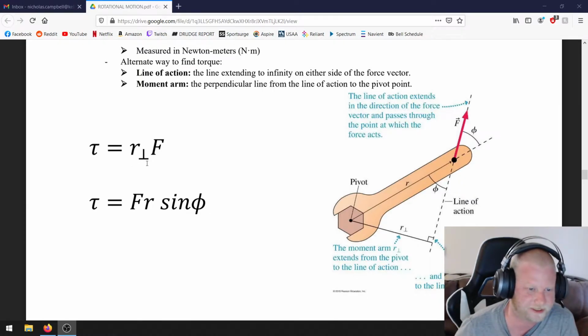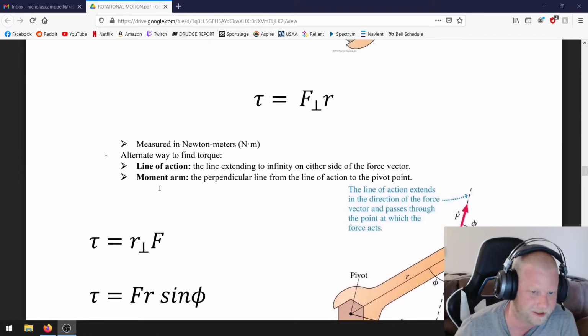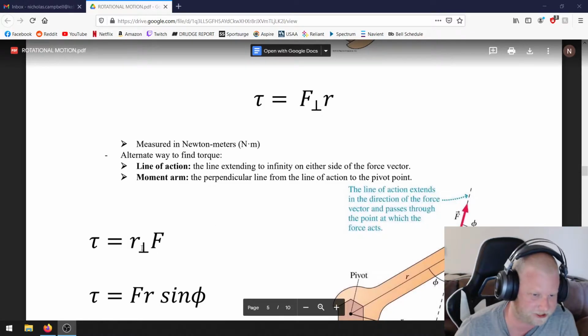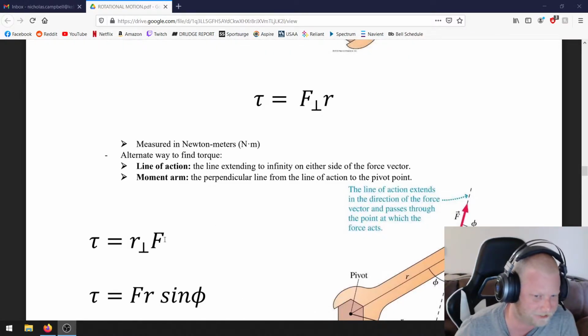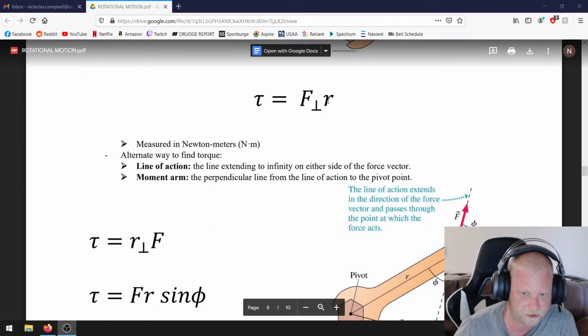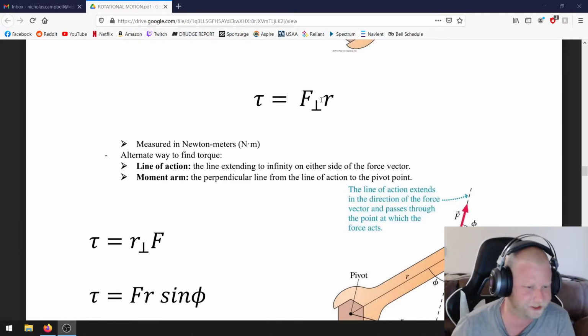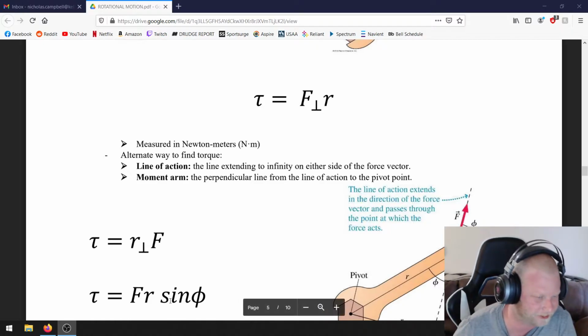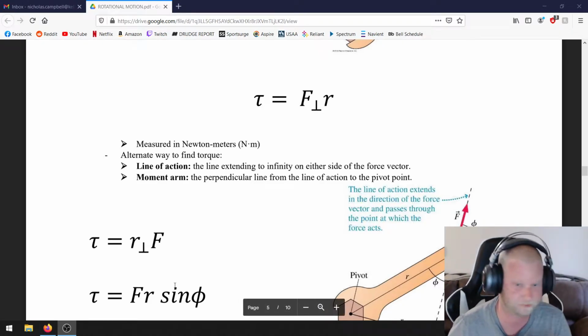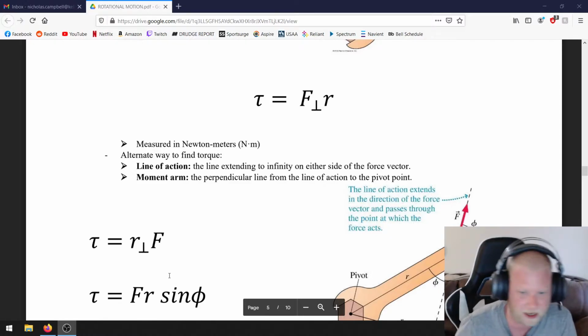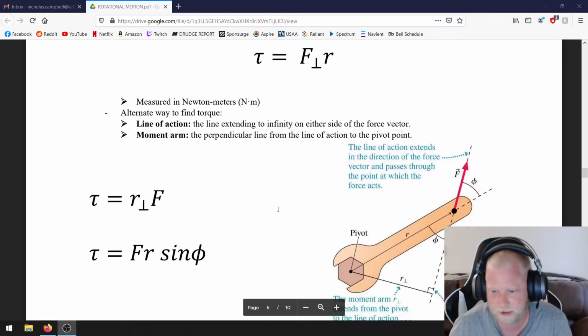So focus instead on these perpendicular relationships, either with the moment arm and the line of action, or the radial line and the perpendicular component of force to that radial line. Right? So make it easier on yourself and just do the extra legwork. Don't trust that it's going to be a sine function necessarily, because we're going to see this in a few minutes. A lot of these are actually going to end up being cosines. So there's that.